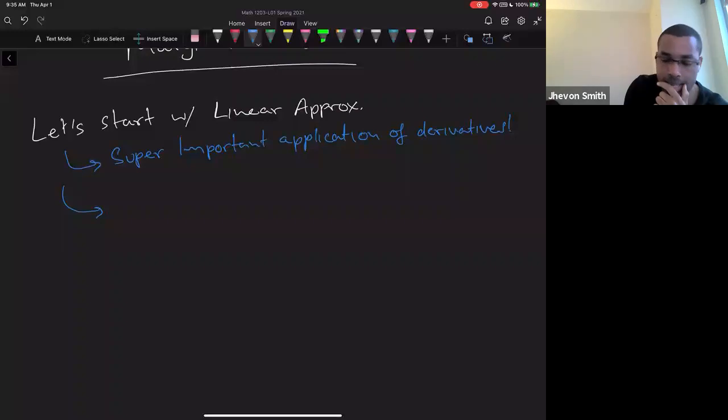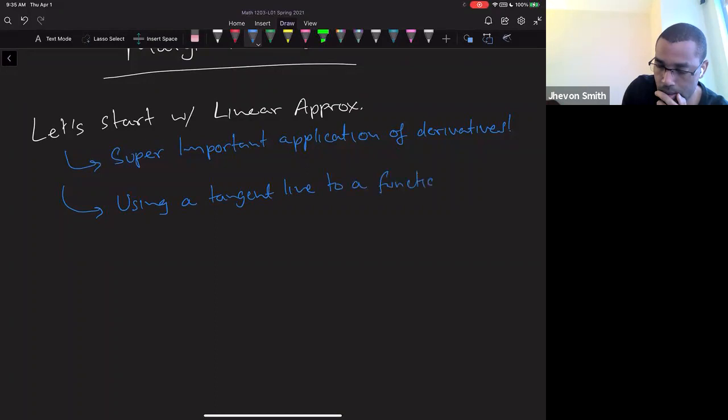And so the idea is using a tangent line to a function at a point to approximate outputs of that function.